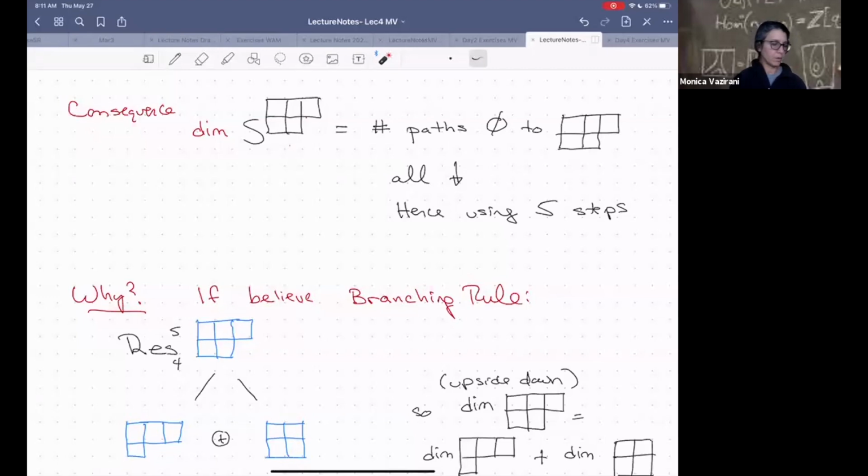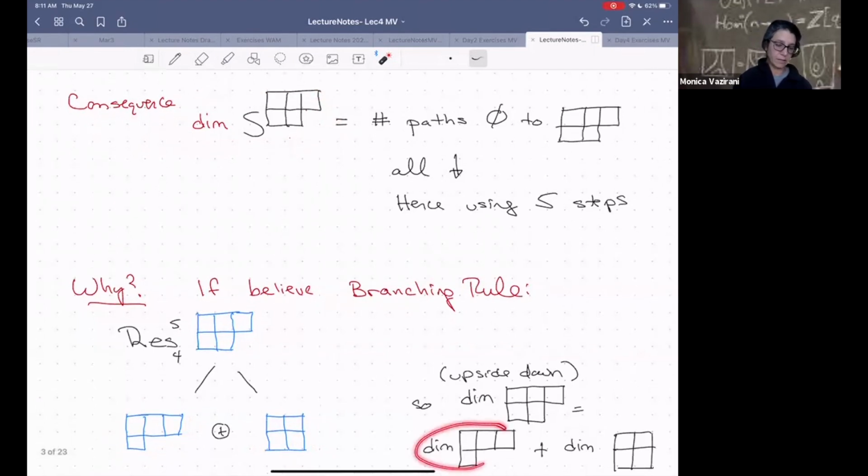Now, that means that this vector space is the direct sum of these two vector spaces, and we saw that dimensions add. So that means the dimension of my starting representation is the sum of the dimensions of these next two. And I got lazy about writing the S's everywhere, so I'm just going to write the shape. Okay, but now we can keep going, right? We know how to restrict this from 4 to 3, and we know how to restrict this from 4 to 3.